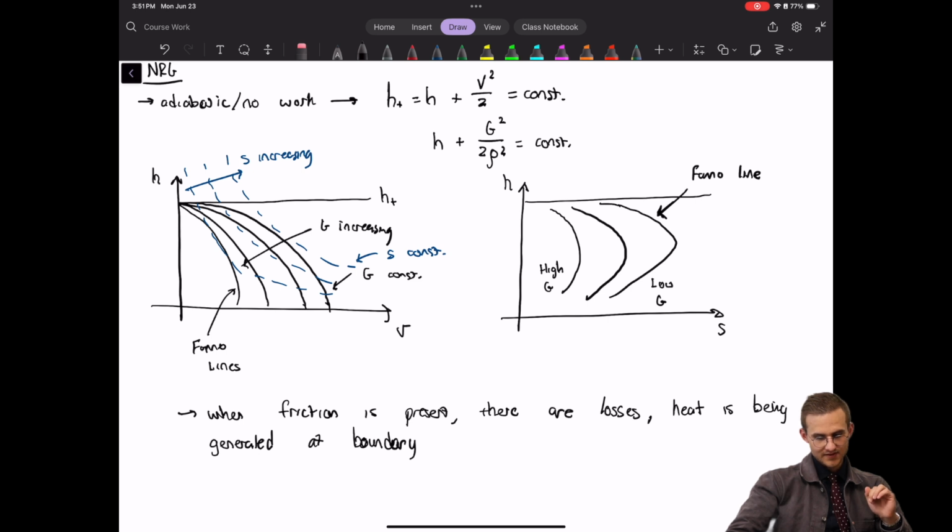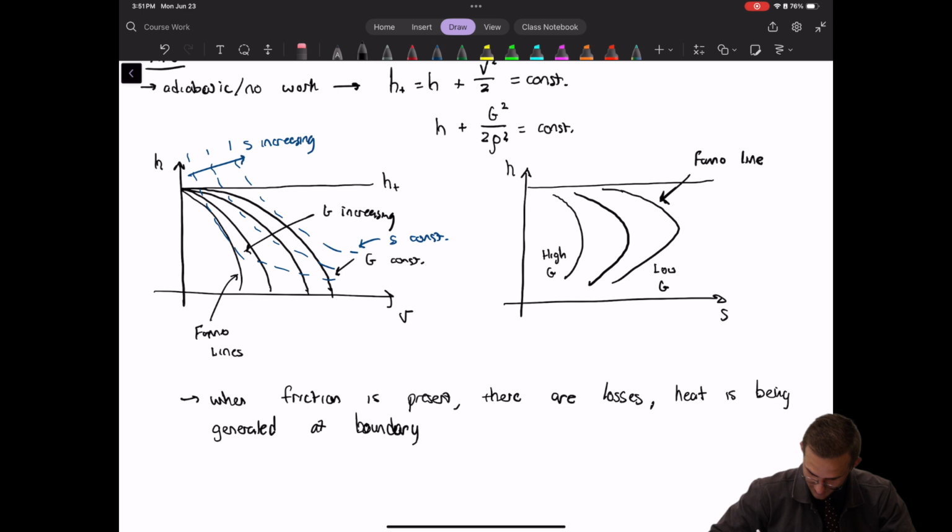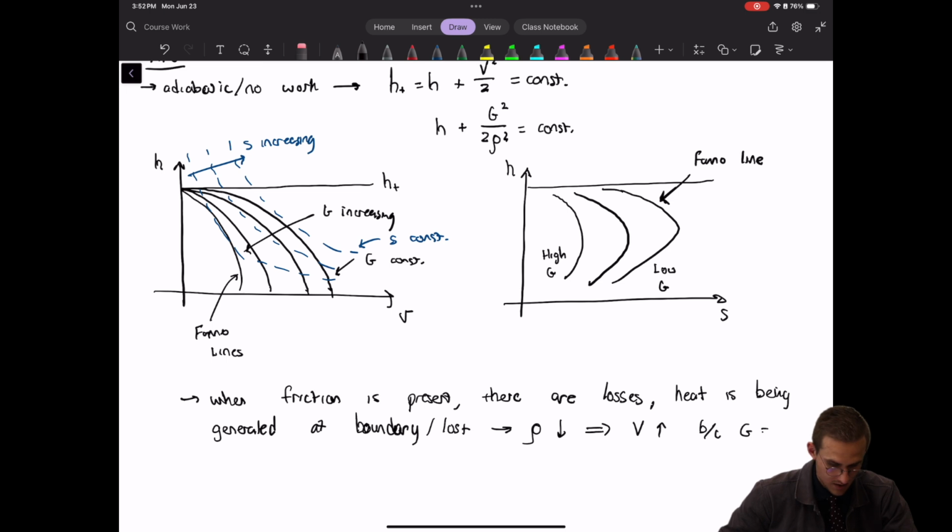But this is because you are losing pressure faster, and the fluid density is decreasing along with that pressure drop, which requires V to be higher because we have this G, or rho times V, equal to constant fact. Okay, so let me write some of that down. The heat is being generated at the boundary and lost. Rho goes down, which implies that V goes up, right? Because G is a constant.